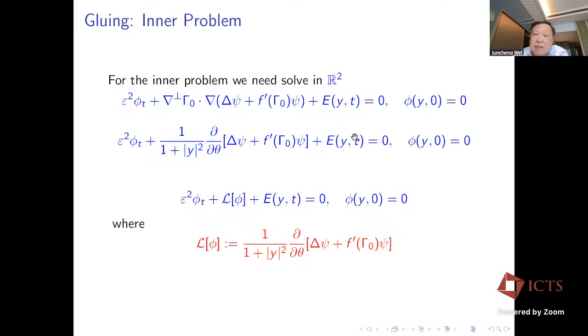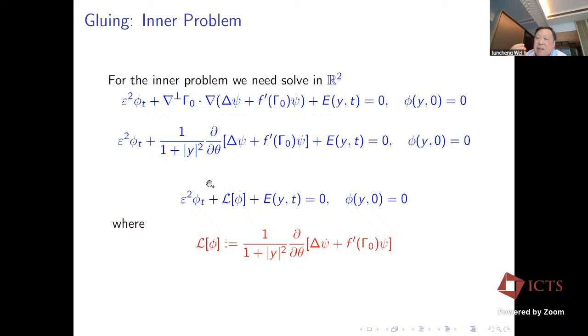As we see, if this part has a radial part, a multi-zero part, we cannot use this one to solve. We have to use this one to solve, and if we do, we are going to lose epsilon square. But in general, we don't want to lose epsilon square. So this is the inner part, and we need to design a theory to solve this inner equation. How to get the estimate?